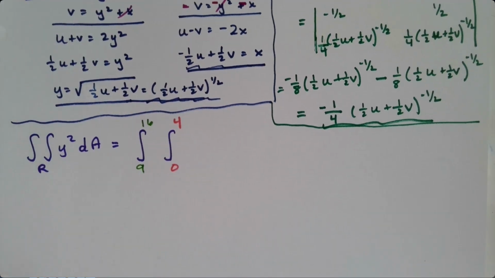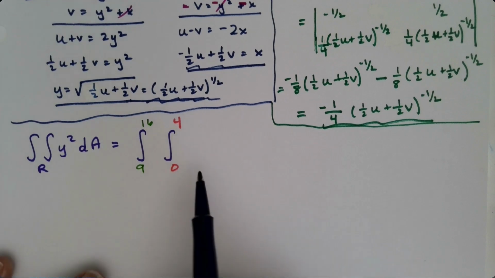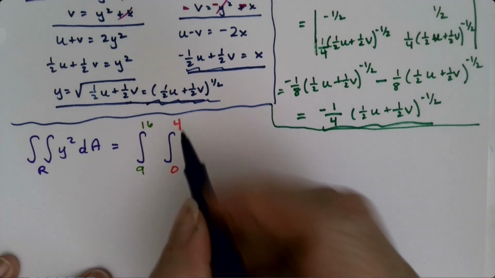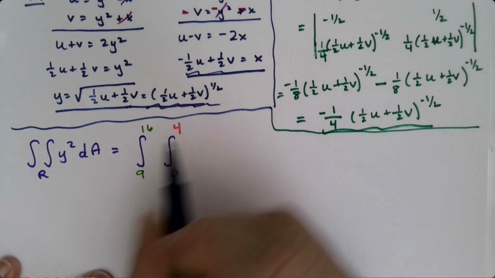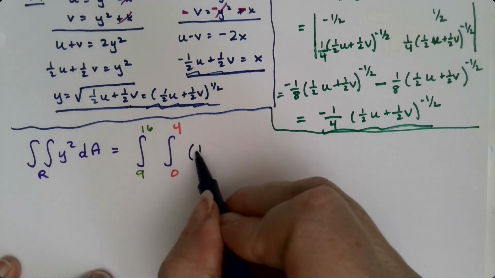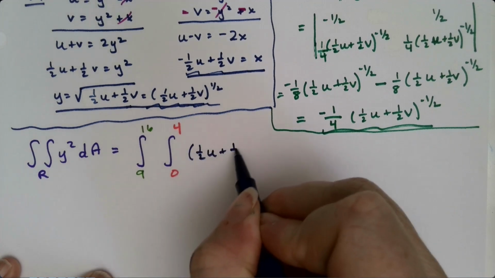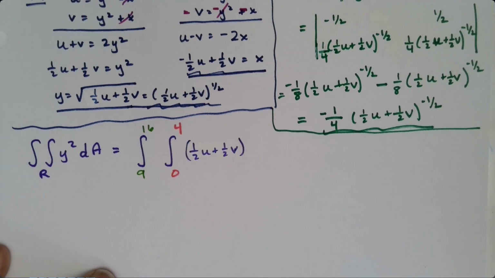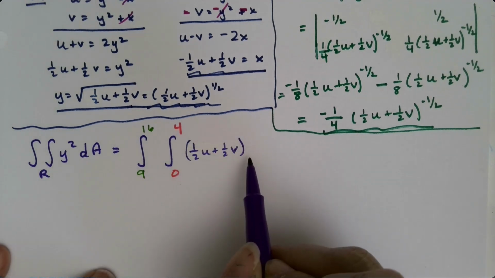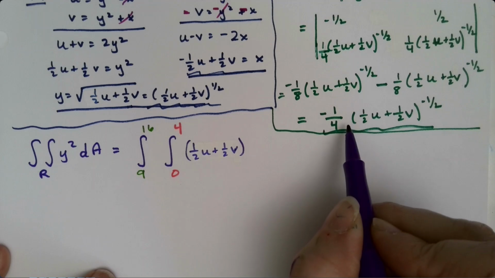Then our integral was y squared. Y was this bad boy right here, right? So we're going to take that and square it. But if you square the square root, you just get the thing. So it's 1/2 u plus 1/2 v. So there's your y squared. Now you need the absolute value of your Jacobian.